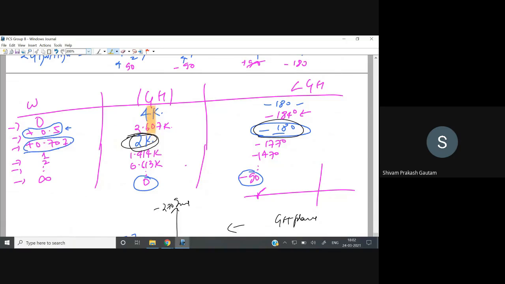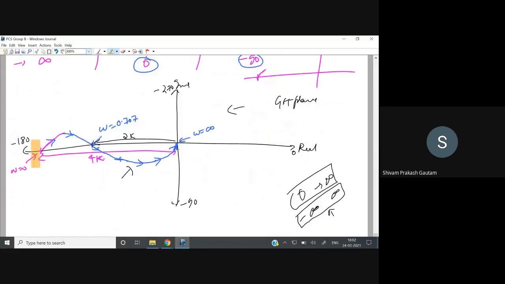At omega equal to 0, we get magnitude 4k and phase minus 180. At omega equal to 0.707, we get magnitude 2k and phase again minus 180 degree. In between, you can see that our plot will move upward because of the minus 180 degree line, and then it will move in the downward direction.